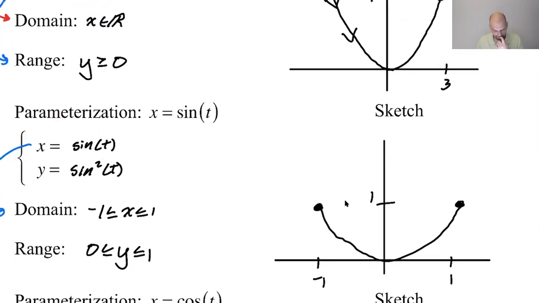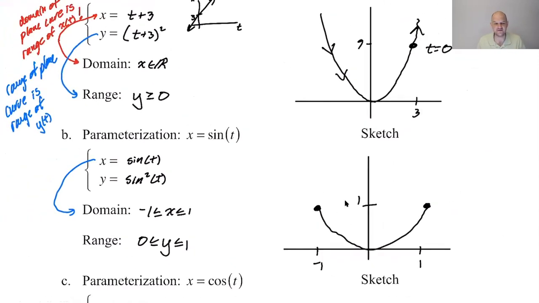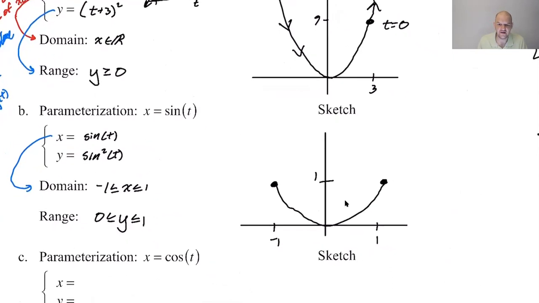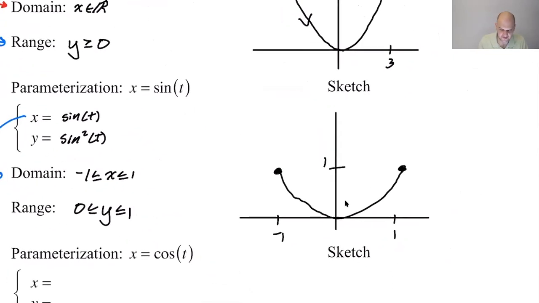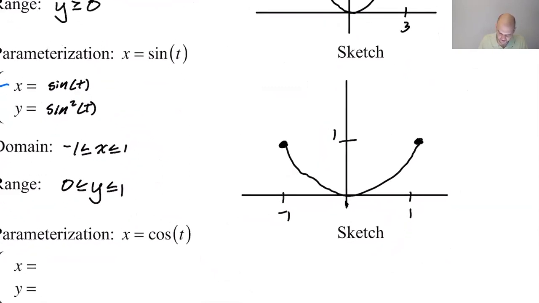So can we put the orientation on this though? That's kind of the question. It's going to be hard. So think about it. Sine starts in the middle, right? So you're going to be here when t equals 0. Then sine goes to a maximum, right? So if I just drew this, like a really crappy version of this, it goes to a maximum.